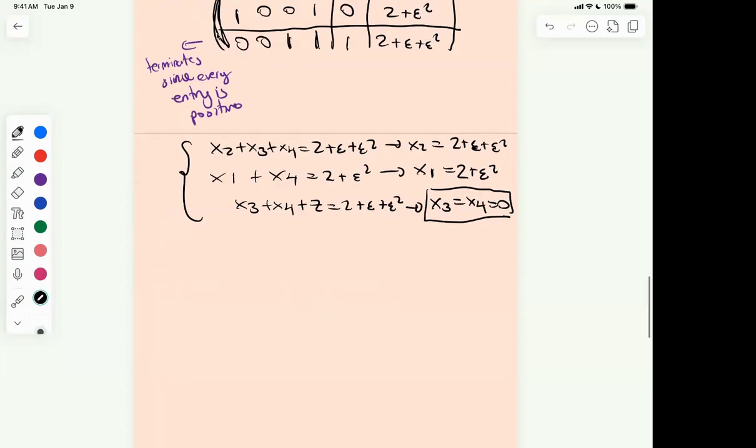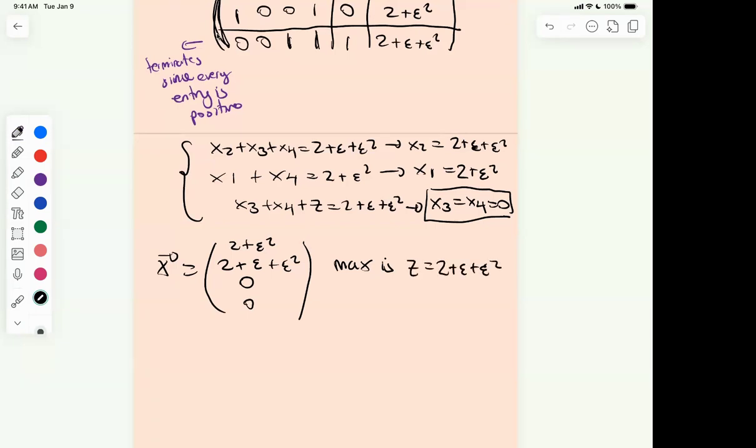So the basic solution is x equals 2 plus epsilon squared, 2 plus epsilon squared, and then 0, 0. That makes sense. And the max is the value for z, so the max is z equals 2 plus epsilon squared.